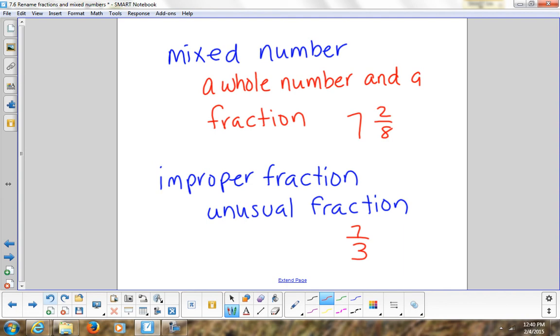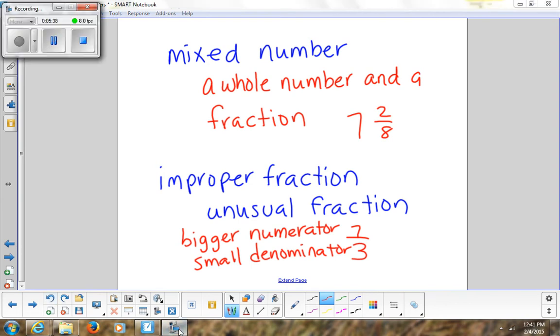An improper fraction has a bigger number on top, so a bigger numerator, smaller denominator. You need to be writing this down.